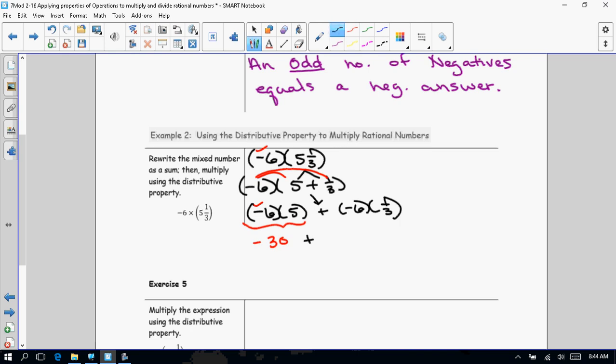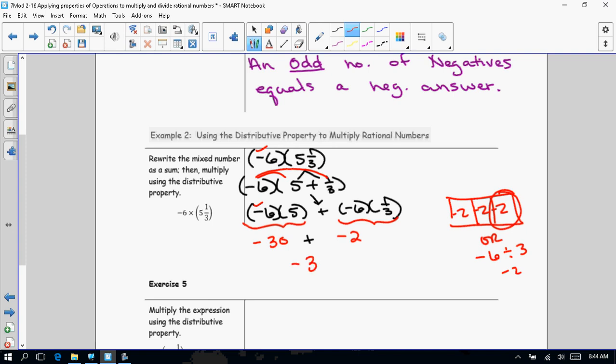Plus, I'm going to take 1/3 of -6. 2, 4, 6, right? -2, -4, -6. I'm going to take 1/3 of it, so this is -2. Or you could think of it as -6 divided by 3, and you would still get -2. Well, notice both of my numbers are negative, so I literally can just add them, and I get -32.